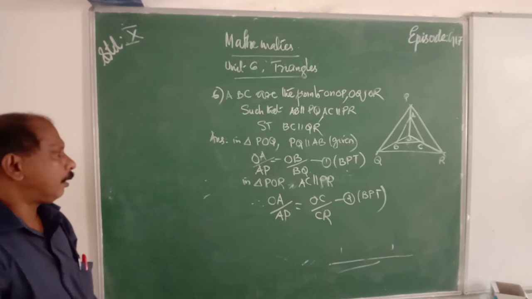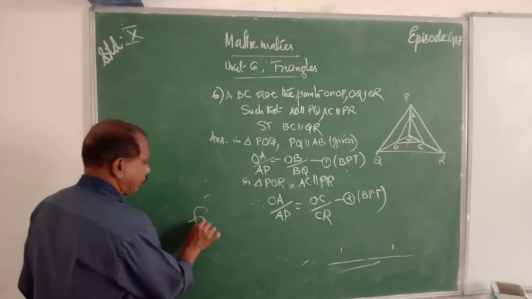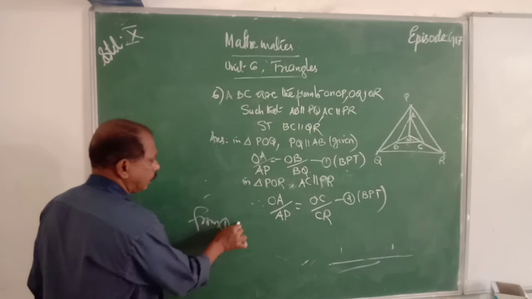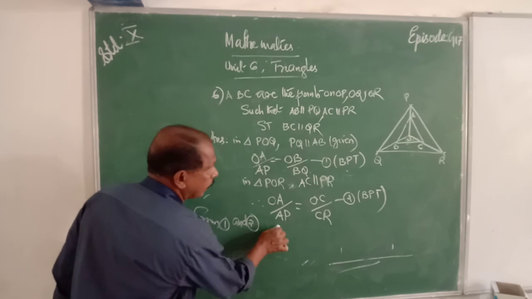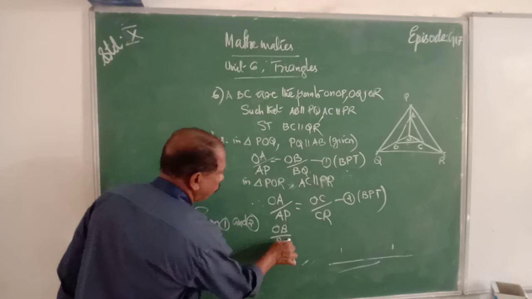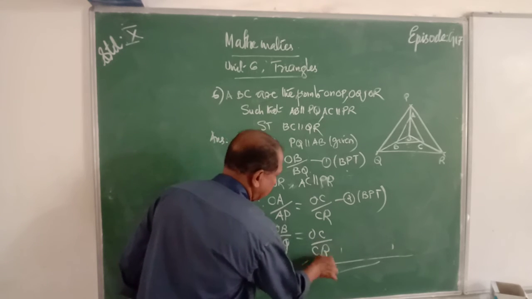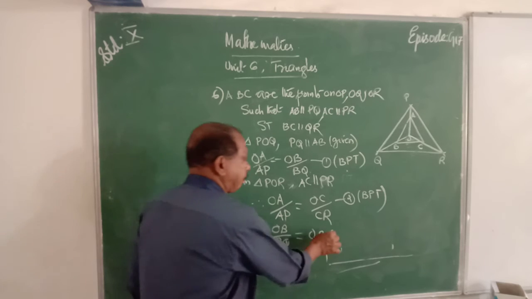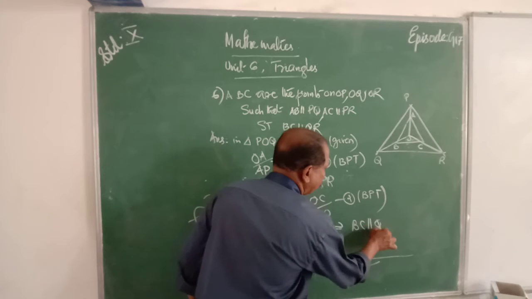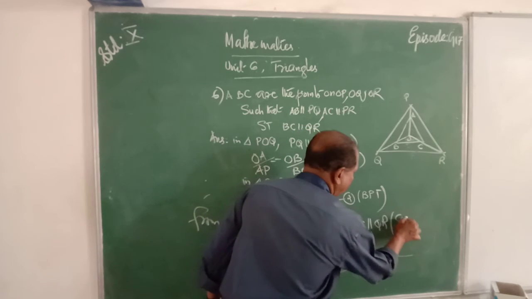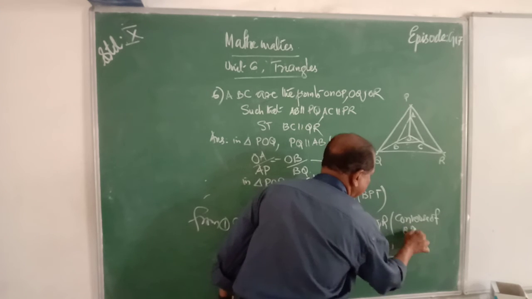Then left sides of first and second are equal, therefore right sides are equal. Therefore from 1 and 2, OB by BQ is equal to OC by CR, which implies that BC is parallel to QR, that is converse of basic proportionality theorem.